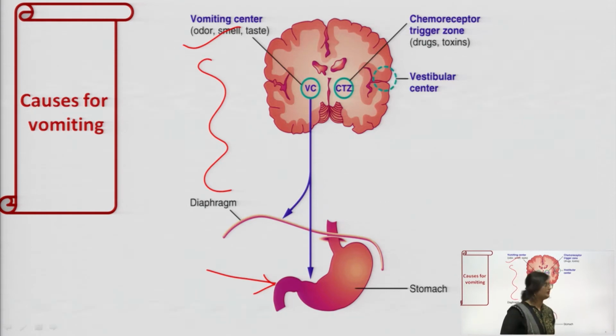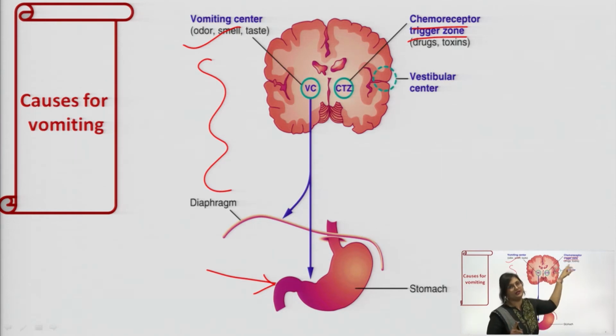Next, the other reason is stimulation of the chemoreceptor trigger zone, or the CTZ. This is the second reason for vomiting. What are the substances which could likely stimulate it? Drugs or toxins.